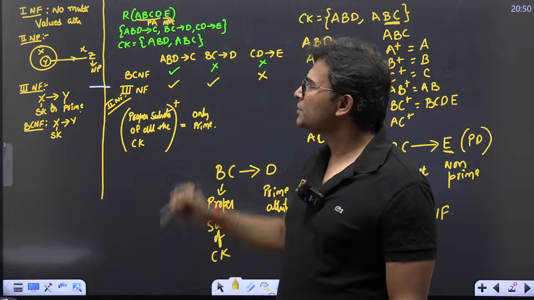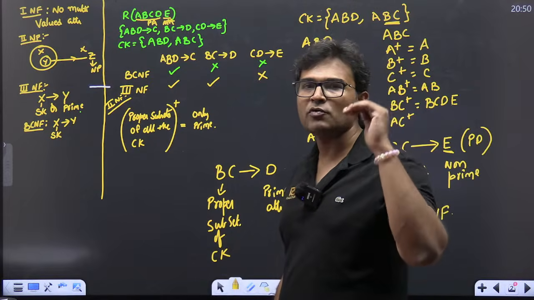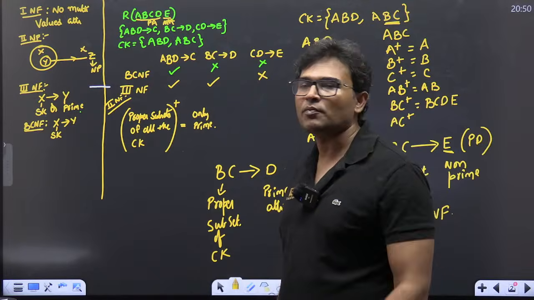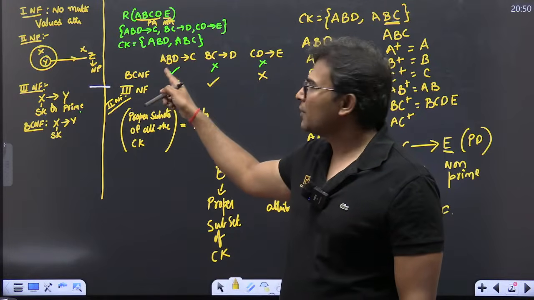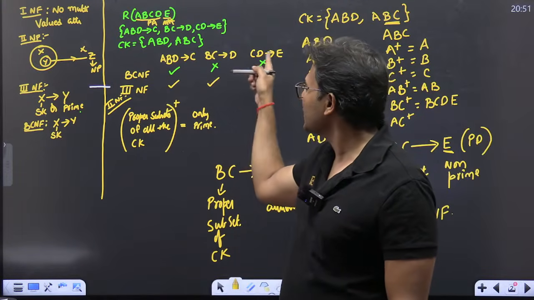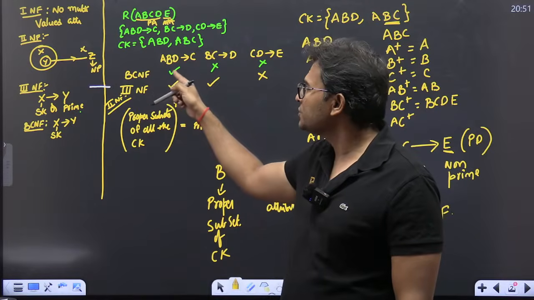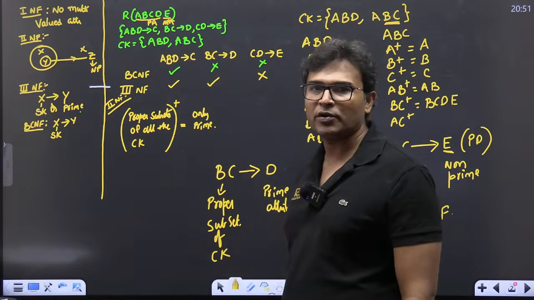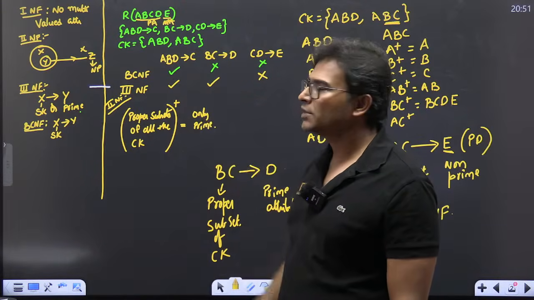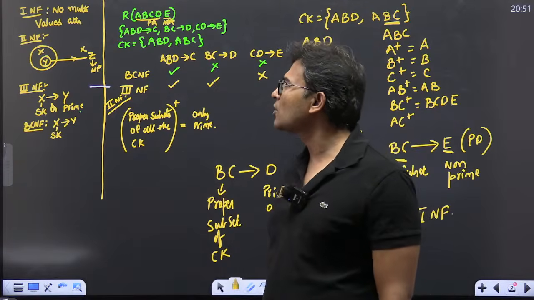Whenever they ask you about the highest normal form, start from the highest normal form. What is the highest normal form? BCNF. Write the functional dependencies like this and check whether each one is in BCNF or not. So ABD. What is the condition for BCNF? Left hand side should always be a super key.